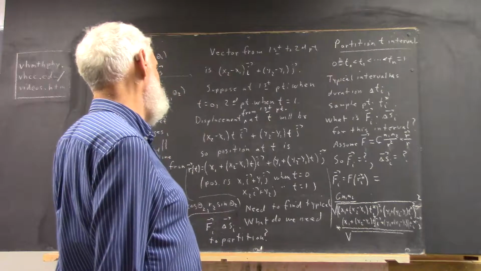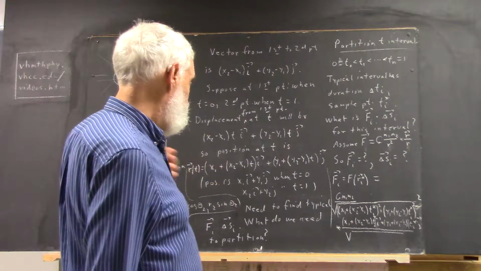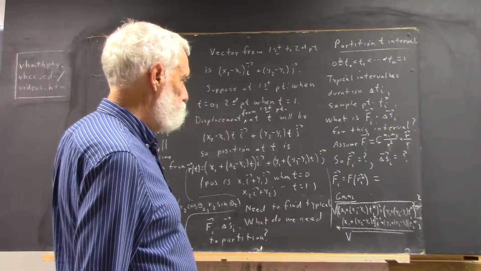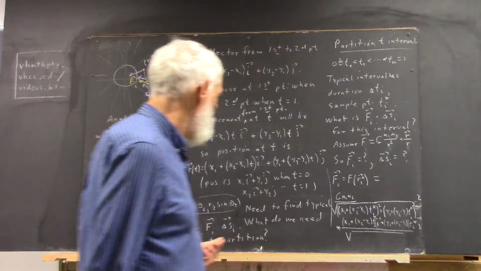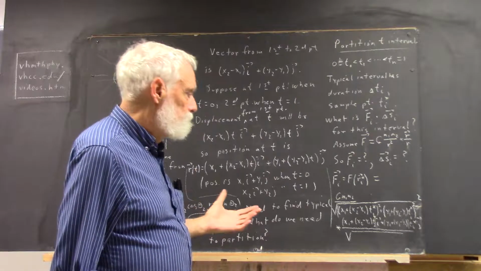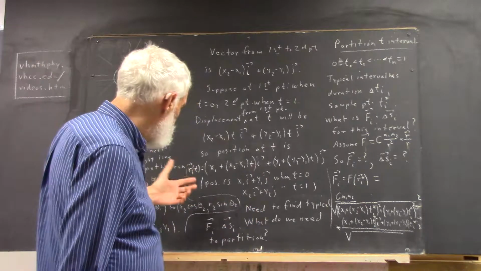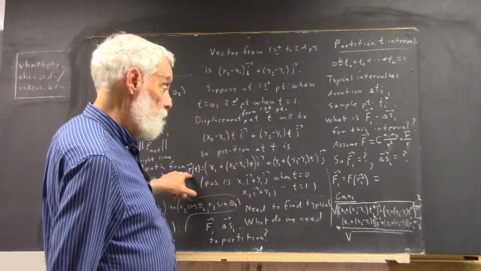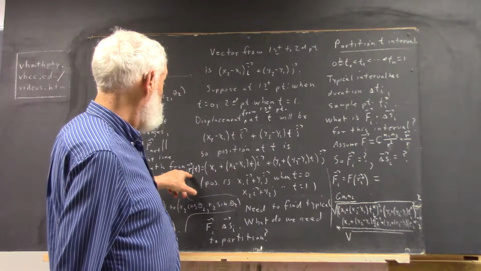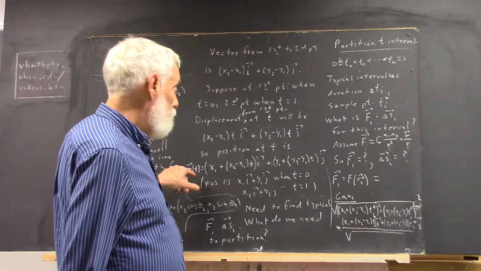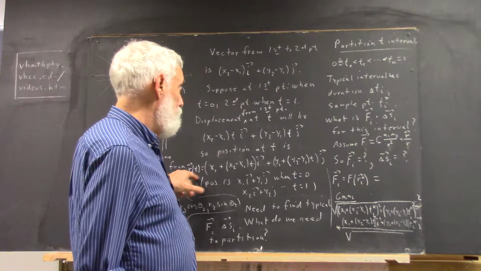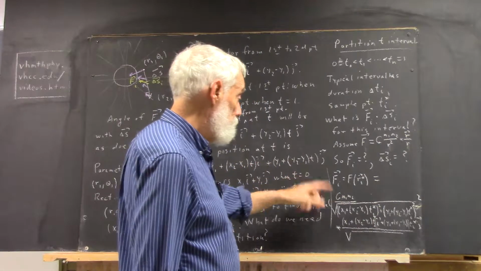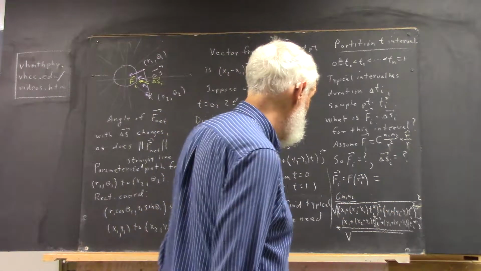That means your position function is this. Here's your r function. To get our position function at our sample time t sub i star, we just plug in t sub i star and we get this mess.